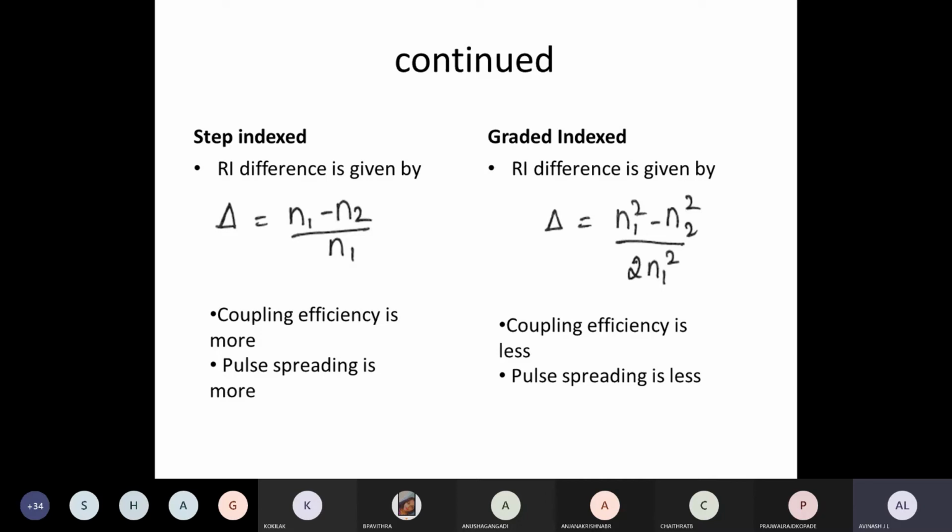Whereas pulse spreading is more in the step index and less in the graded index. So pulse spreading should be less, and it is advantageous also, but coupling efficiency should be more. Graded index has less coupling efficiency, so that is one of the disadvantages in the graded index fiber.